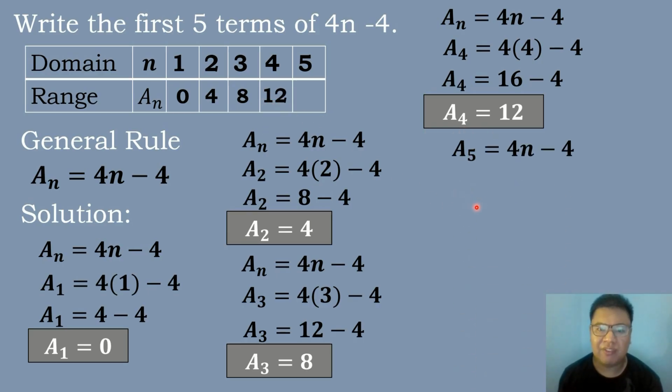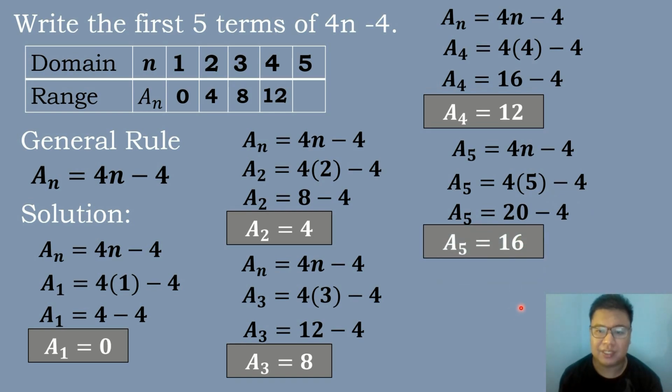To get the value of the fifth term, use the formula again and substitute. 4 times 5 is equal to 20, and then 20 minus 4 is equal to 16. So the value of the fifth term is equal to 16. So the first 5 terms of the sequence 4n minus 4 are 0, 4, 8, 12, and 16.